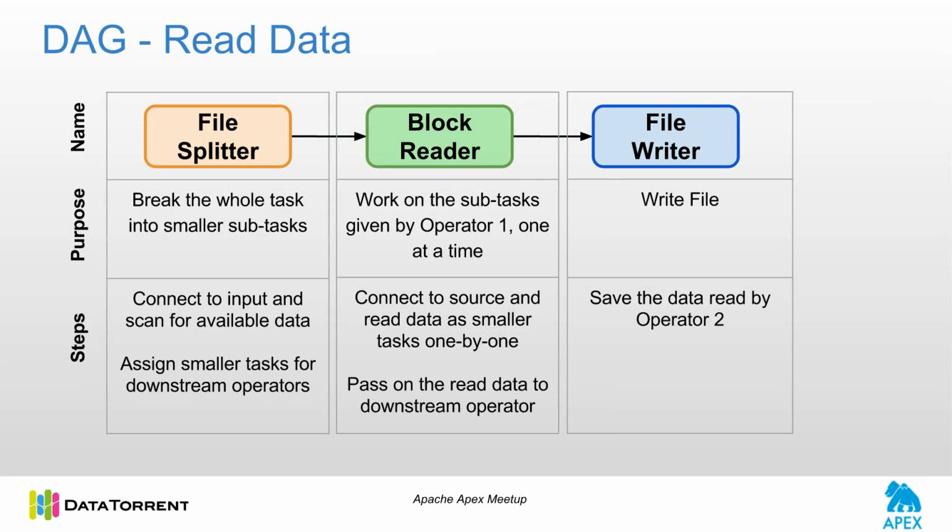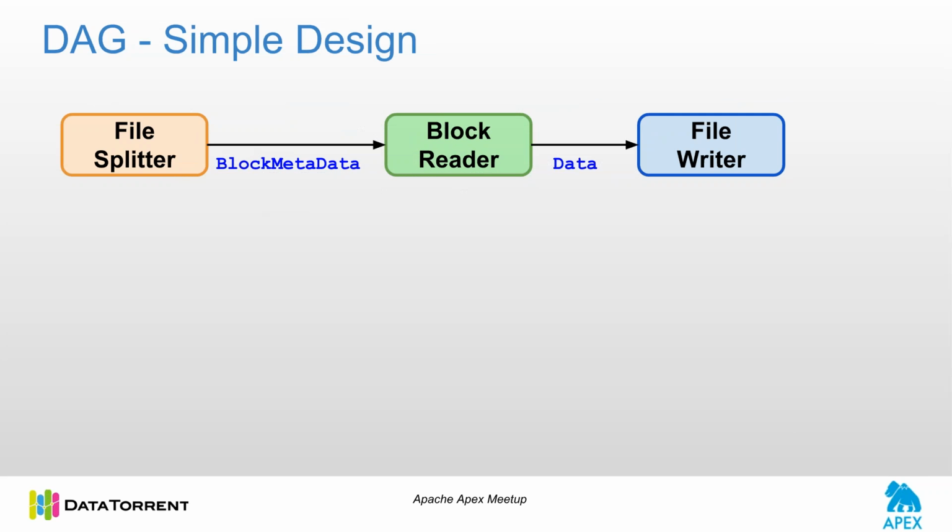And here the downstream operator is the file writer, which will write that data onto the disk. Okay, so we have a file splitter which creates smaller tasks, a block reader which performs them and gives the data to the next operator, the file writer. This is a very simple design that we have, right?